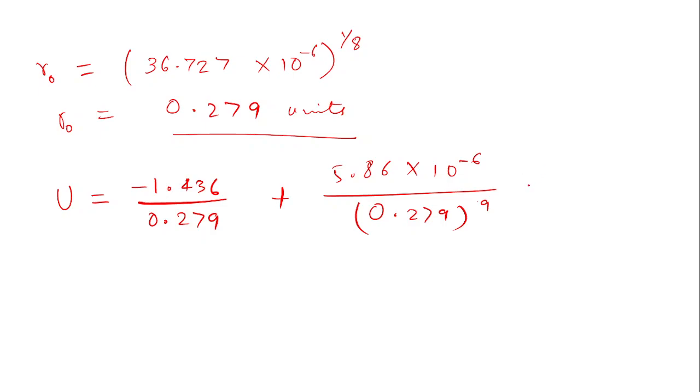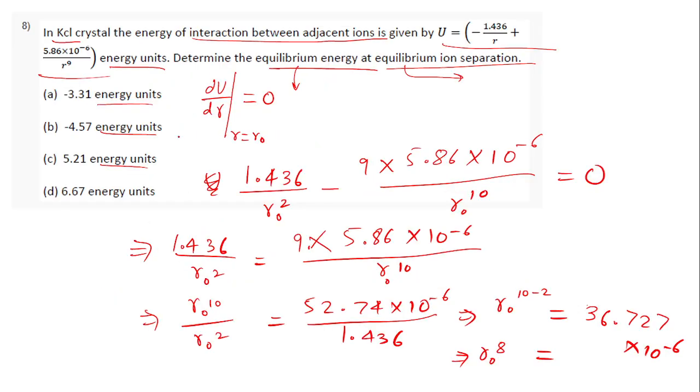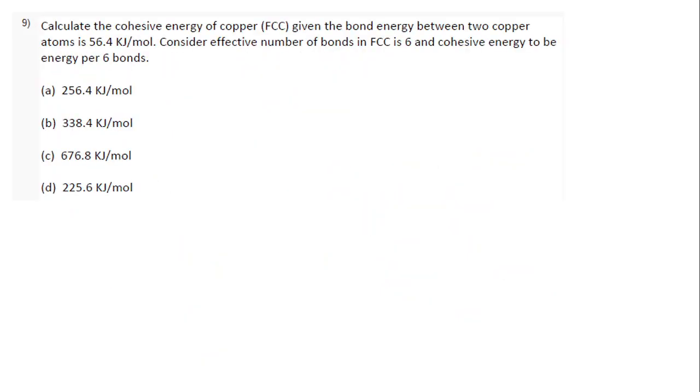When you calculate this, we'll get minus 4.57 energy units. So this is the correct answer. Ultimately the force is attractive between these two ions. That also tells us one is positive, one is negative, but this is the correct answer here. So this is the procedure to go about when the question is asked about the equilibrium energy or equilibrium ion separation. We have one more question.